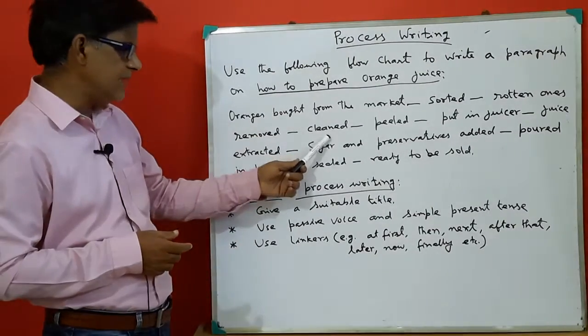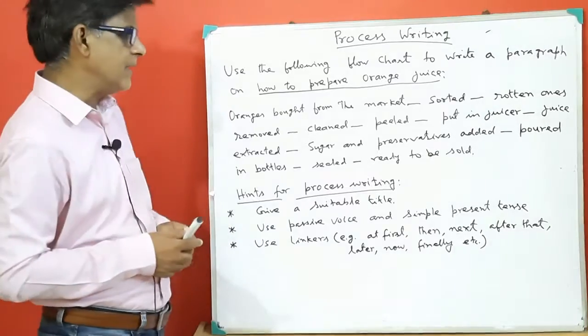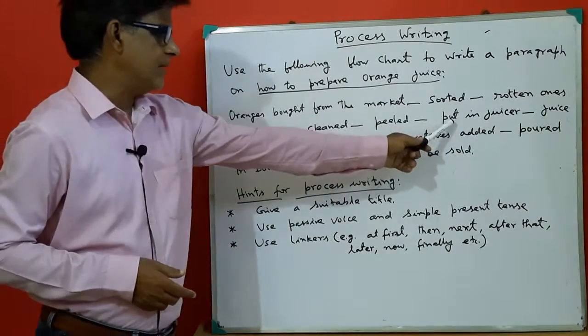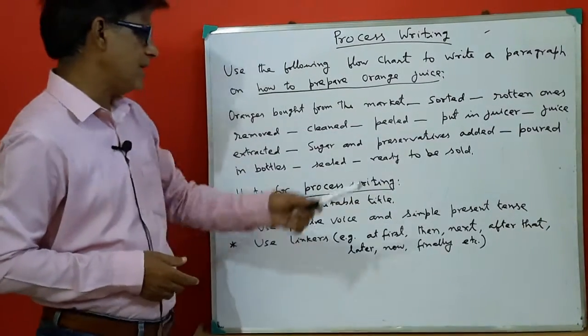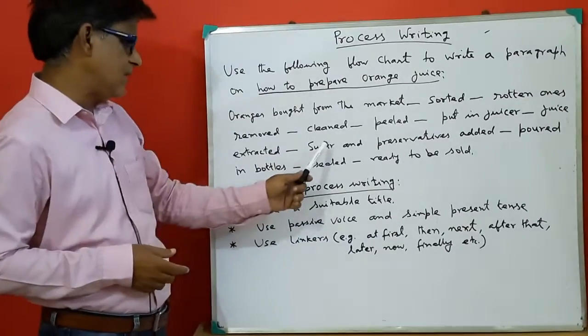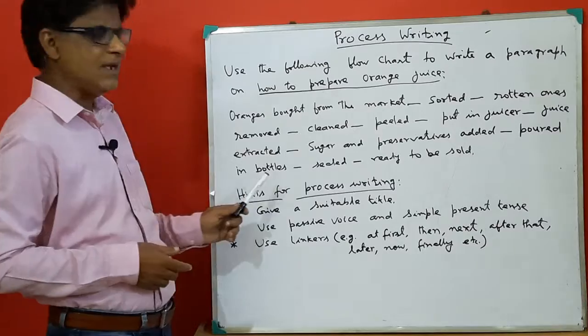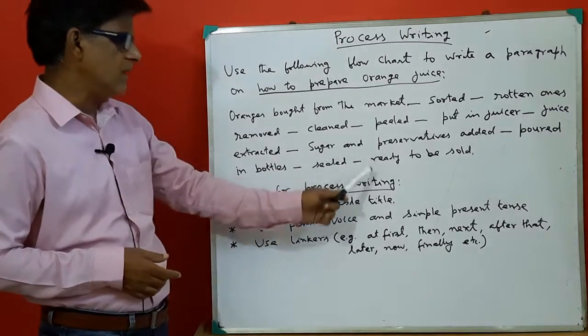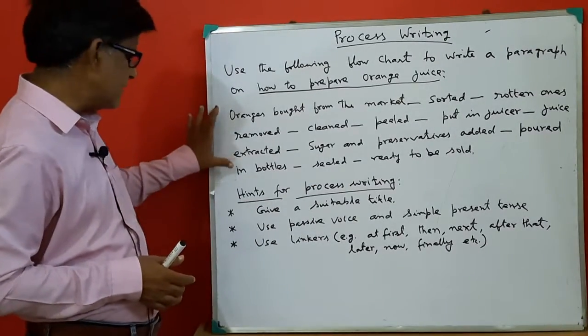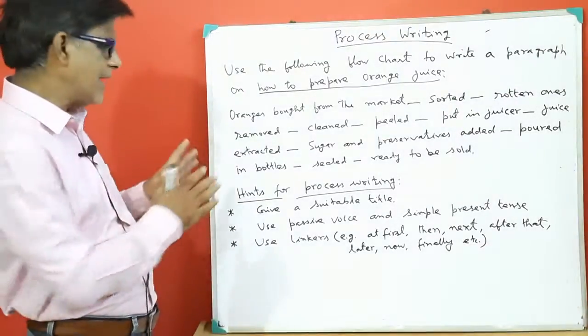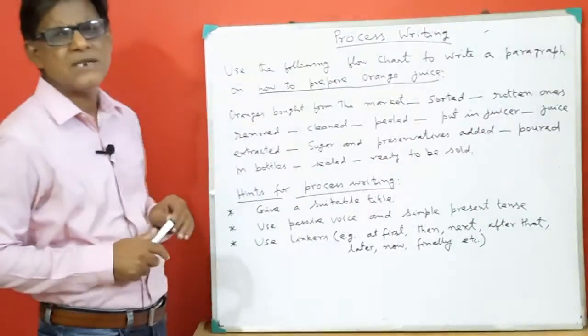Next point, cleaned. Next point, peeled. And then next point, put in juicer, juice extracted, sugar and preservatives added, poured in bottles, sealed, ready to be sold. So these are the points, and you have to write these points in a paragraph.